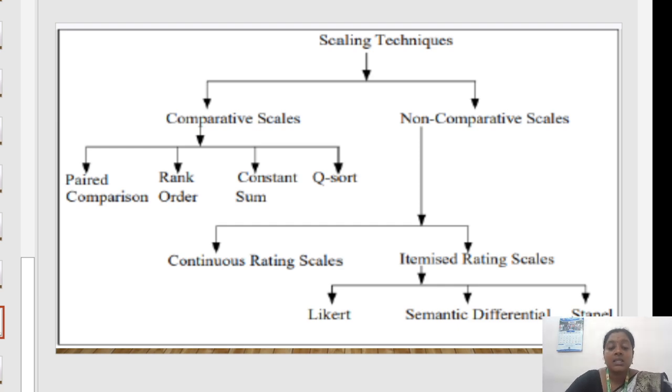The next is scale construction techniques. Scale construction is the process of developing reliable and valid instruments for measuring a particular concept or variable. The process begins with a clear definition of the construct to be measured. Researchers then generate a pool of statements or items representing different dimensions of the construct. Appropriate scaling techniques such as Likert, Thurstone, and Guttman scaling are selected based on the research objectives.